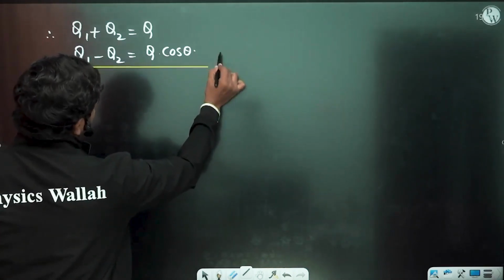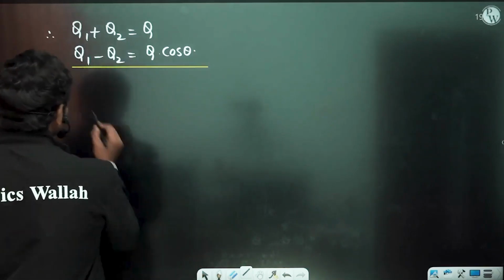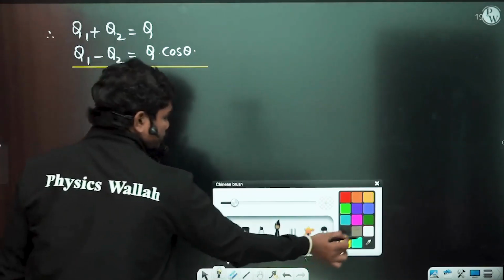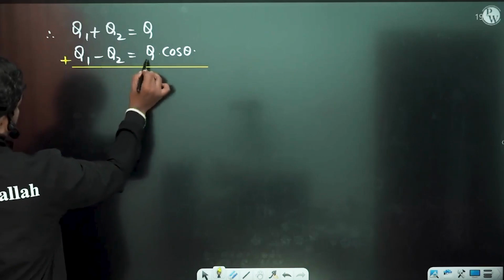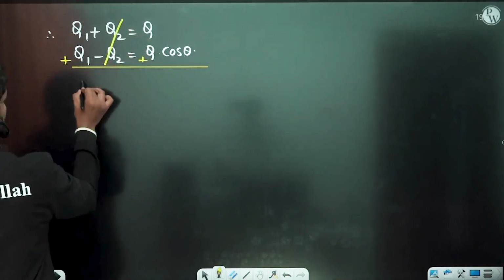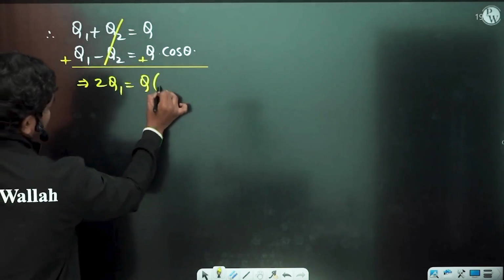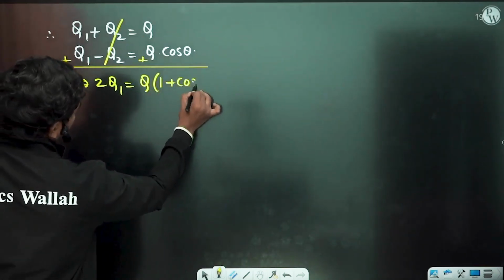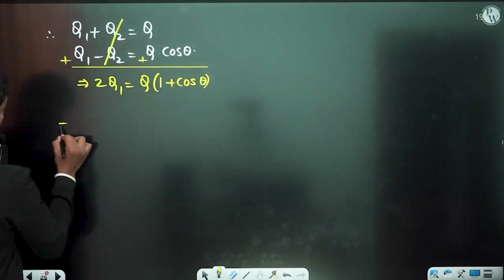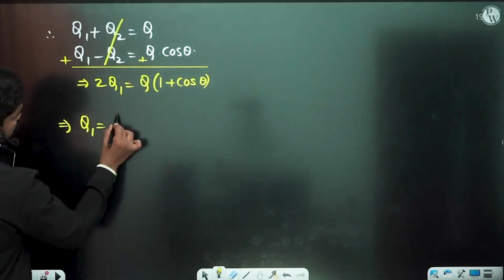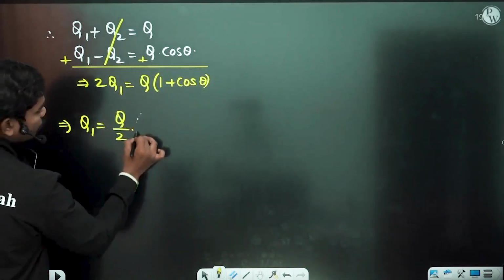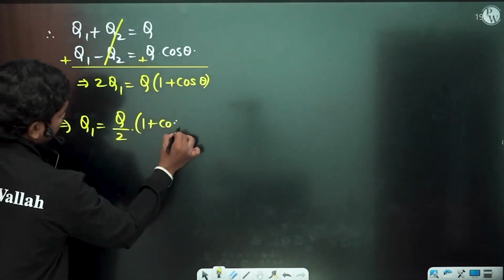If you add them, q2 minus q2 gets cancelled. So 2q1 is equal to q plus q cos theta. So if you take q common, 1 plus cos theta. So q1 is equal to q by 2 times 1 plus cos theta.